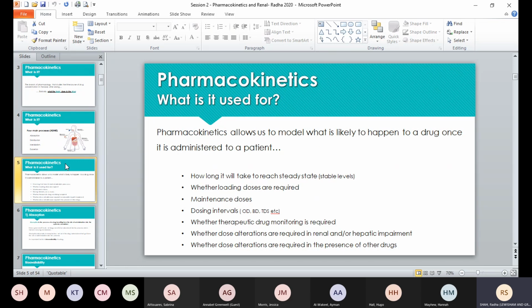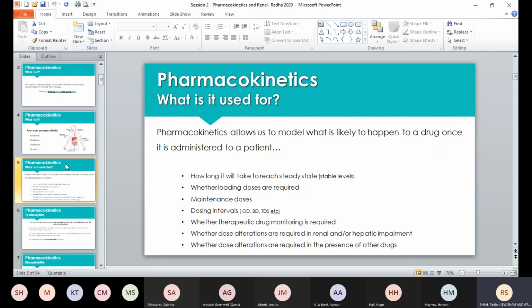So to a point, the pharmacokinetics will tell us the routes in which it can be delivered through, whether a loading dose is required, or we can just start with a maintenance dose. The dosing interval, so does it need to be given once a day or 3 times a day? Whether we need therapeutic drug monitoring, so some drugs like gentamicin, we need to have TDM monitoring, making sure that the level, the plasma concentration, is within a certain range, so that we don't get any toxic effects or we get a desired effect.